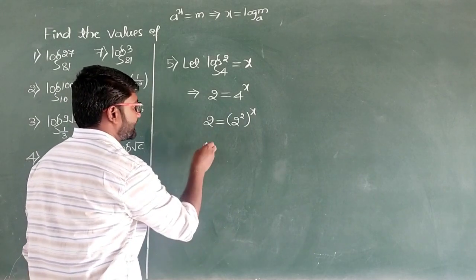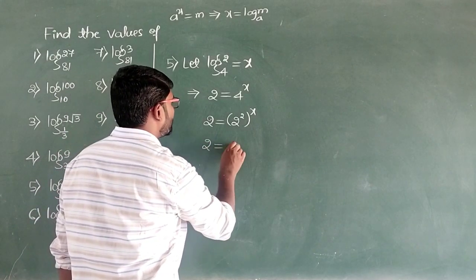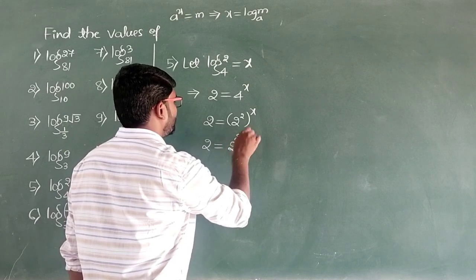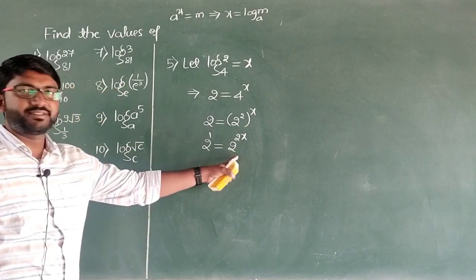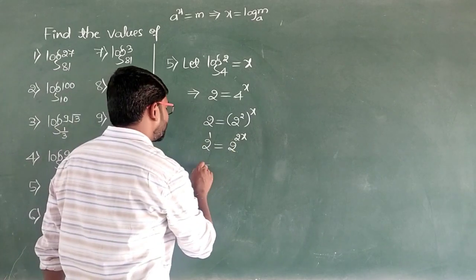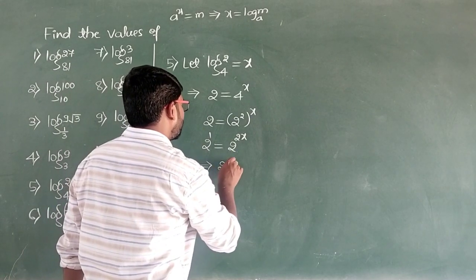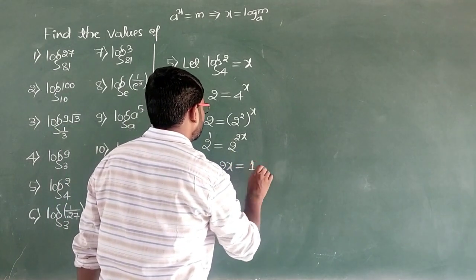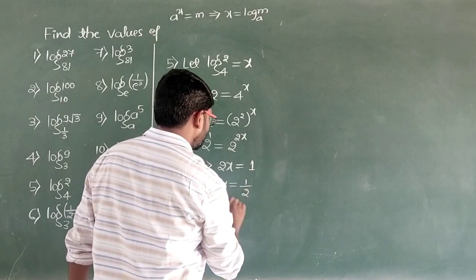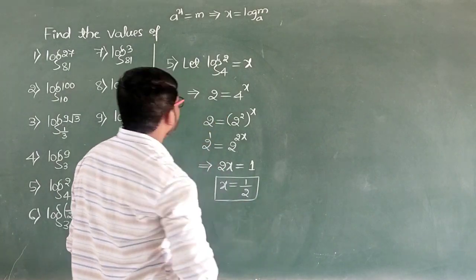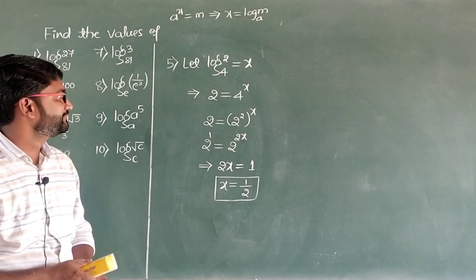Now in the next step it becomes 2 is equals to 2 raised to 2x. So there will be 1 now. You have the same base. So what is the value of 2x now? It is 1. This implies that 2x is equals to 1. That means x will be 1 by 2. So this is the answer for question number 5.